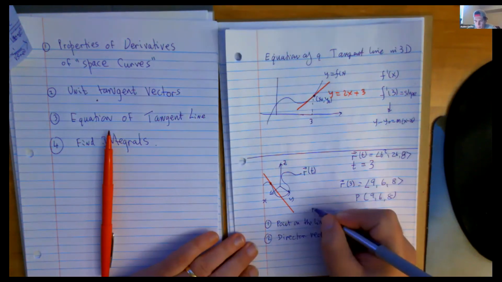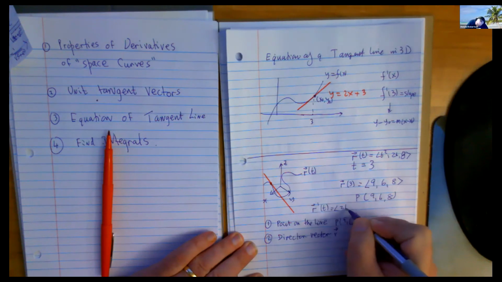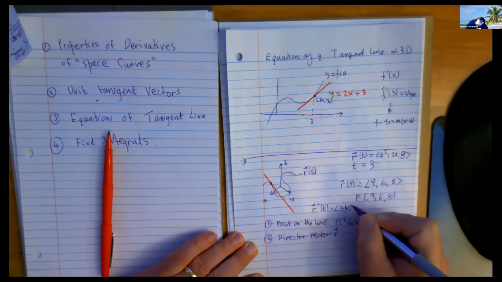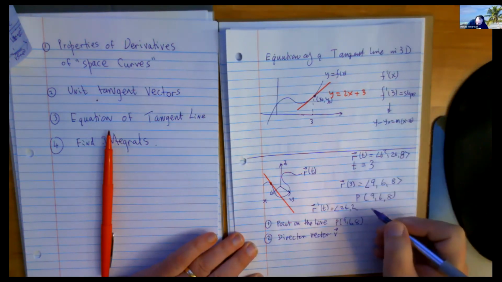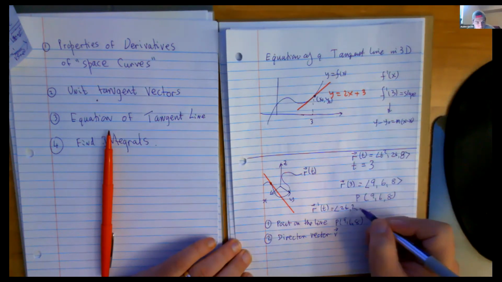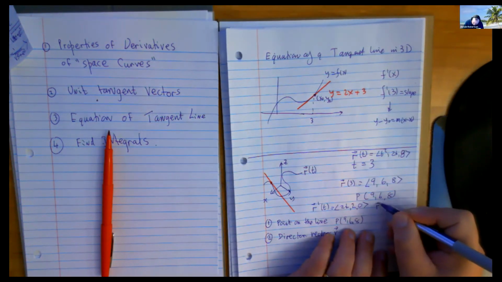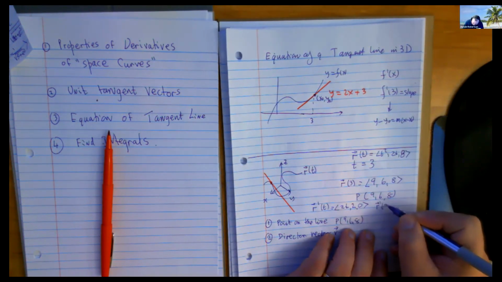So I will find r dashed of t, which I get is 2t, comma 2. What's the derivative of 8? Yeah, big fat 0. And then shouldn't I evaluate it at 3?